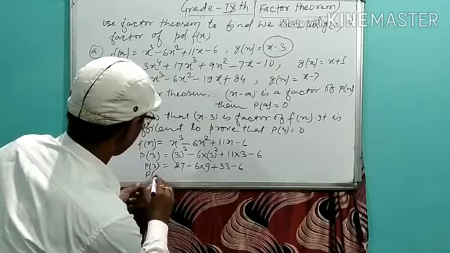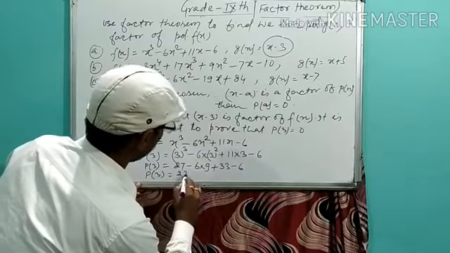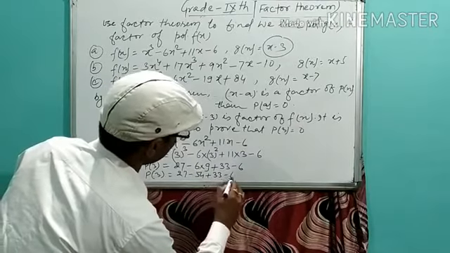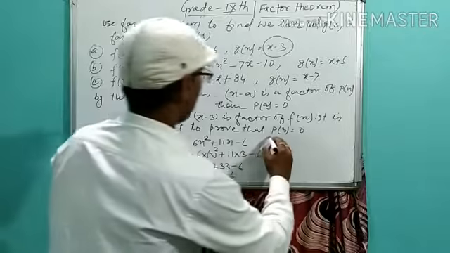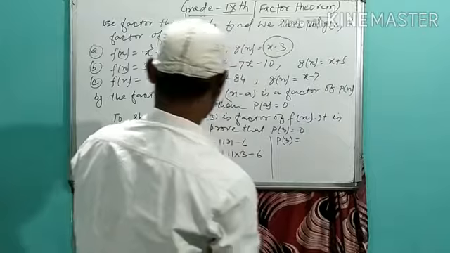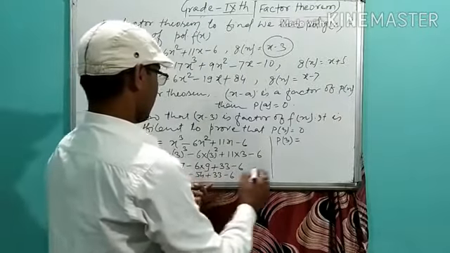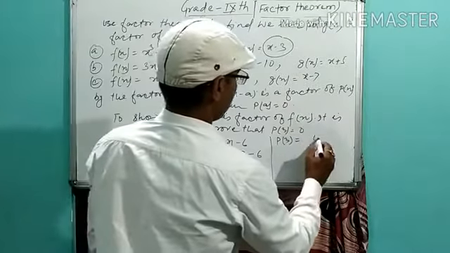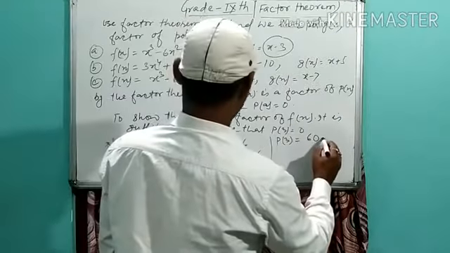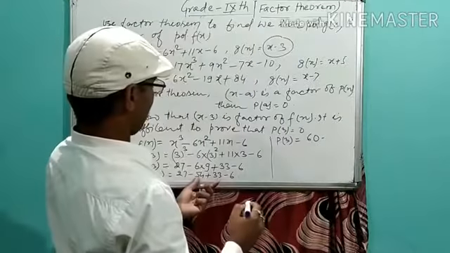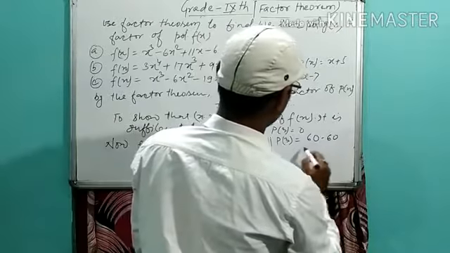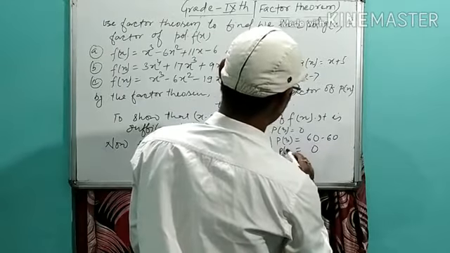Adding all the positive ones, 27 plus 33 is 60, and minus 54 and minus 6 is minus 60, so here it is 0. P(3) is equal to 0.